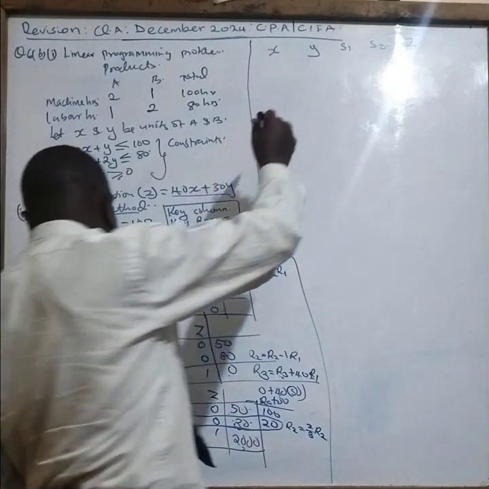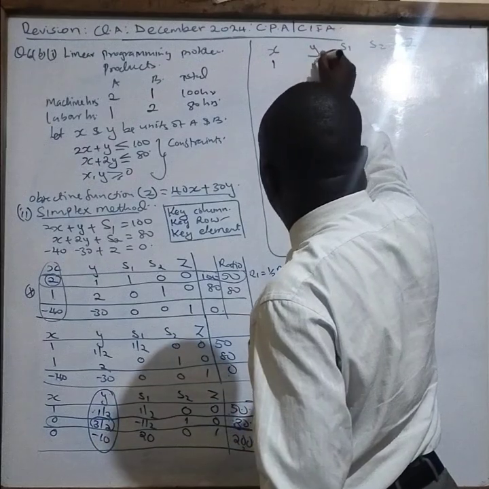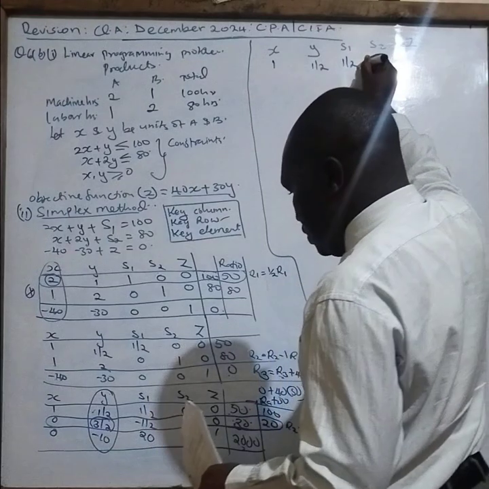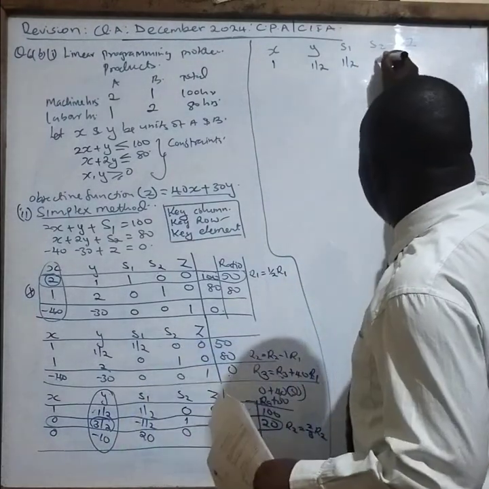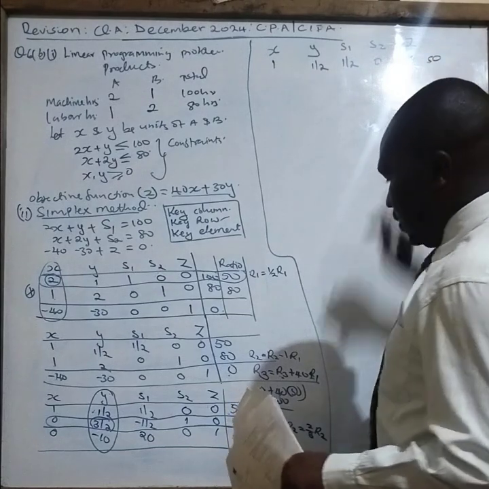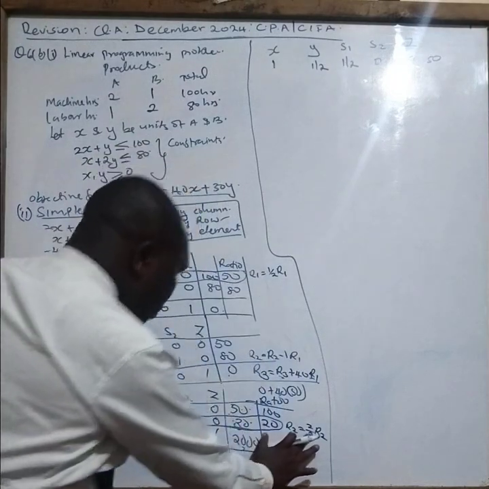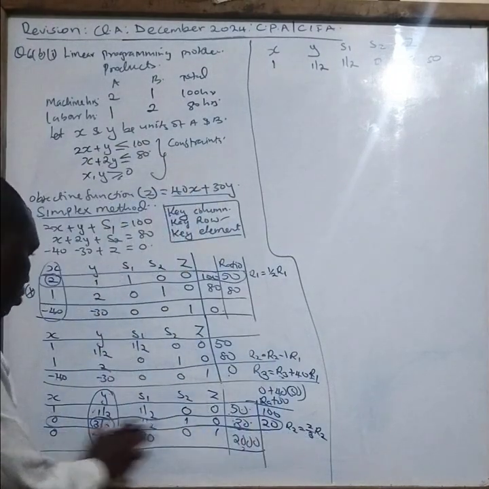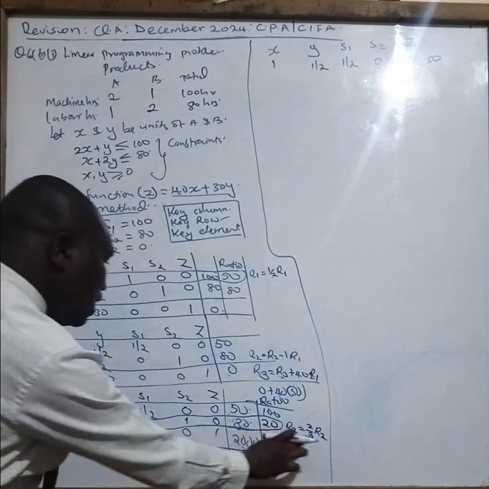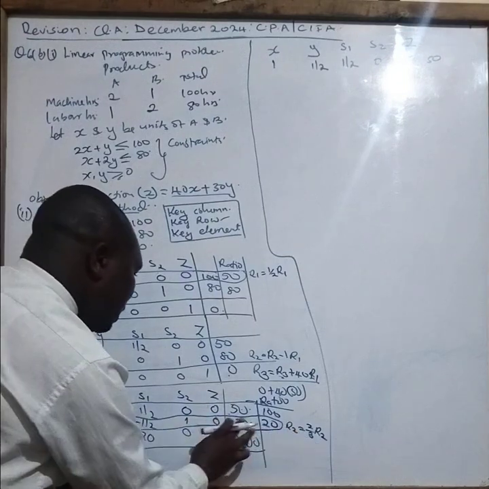So let me copy. The first one is 1, a half, 0, 0, and 50. The second row I'm multiplying, right? Multiply this by this, this by this, this by this, and this by this.